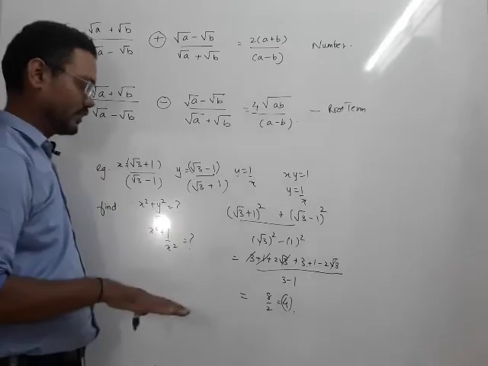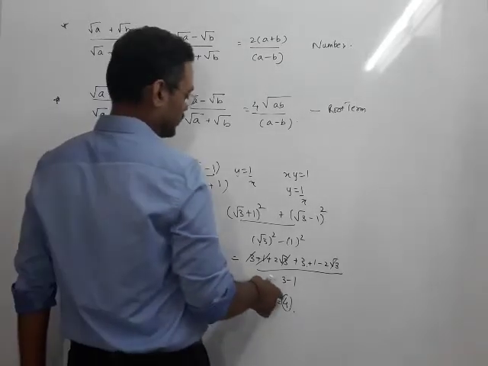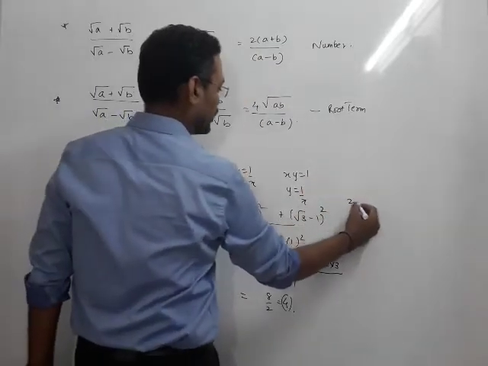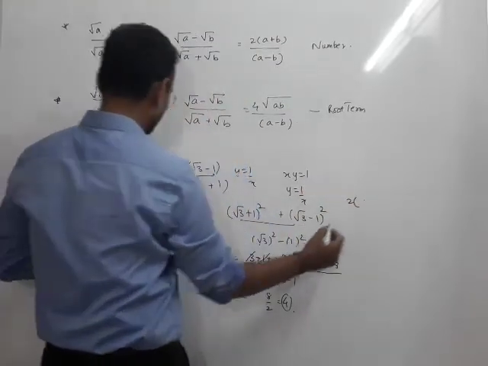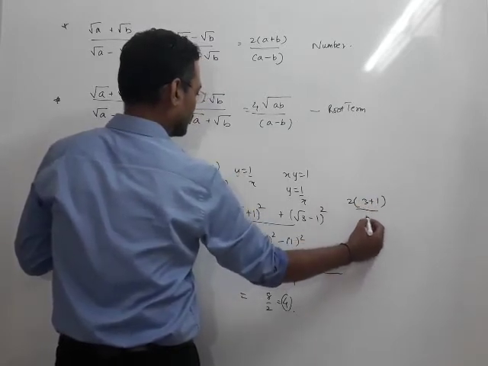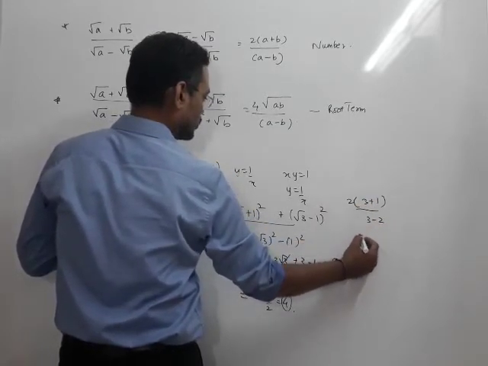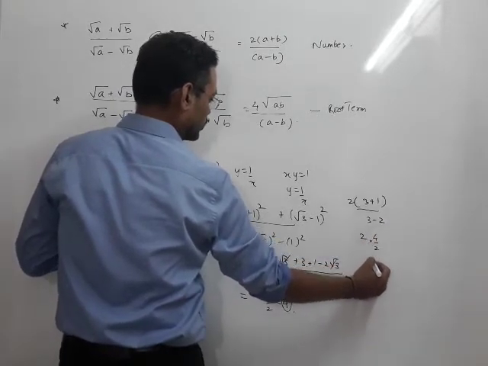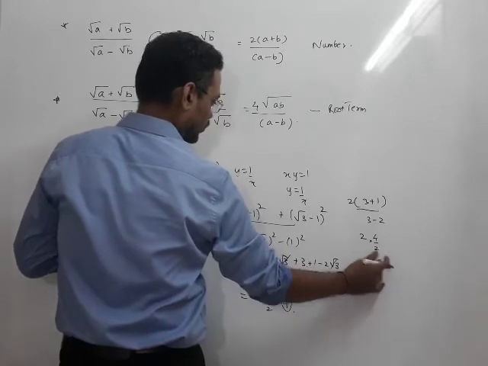How many minutes it has taken, we don't know. Now let's recollect the formula. What is this? Twice of a plus b upon a minus b. What is a? 3, b 1, upon a minus b, which is 3 minus 1, which is 2, into 4 by 2, which is 4.